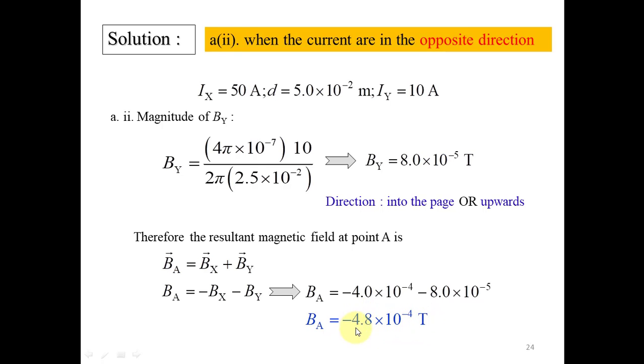The direction is into the page or upwards. So when we have the negative sign, that means the magnetic field is into the page or upwards. Actually, this is only to show you the direction.